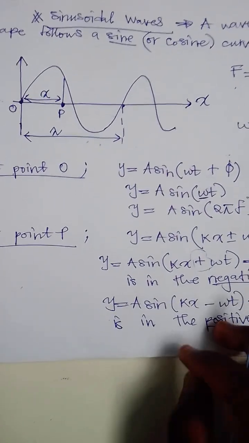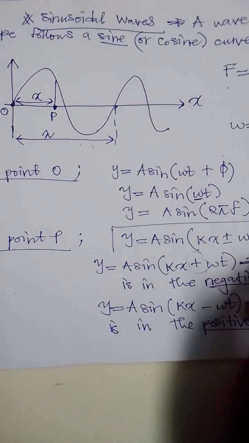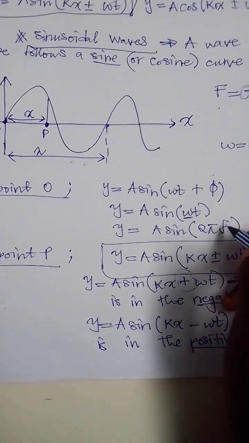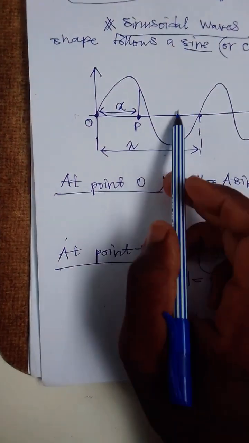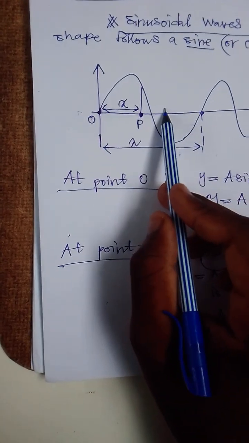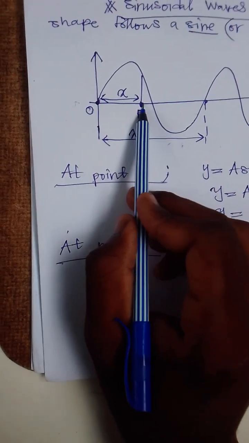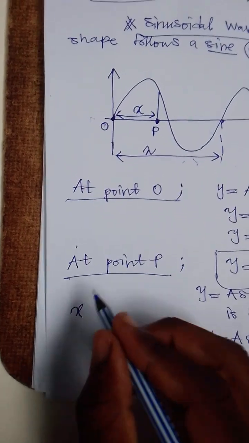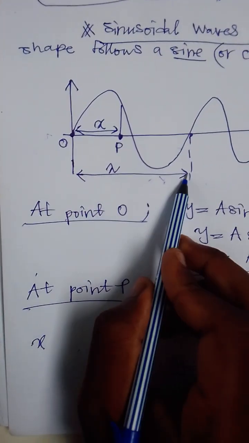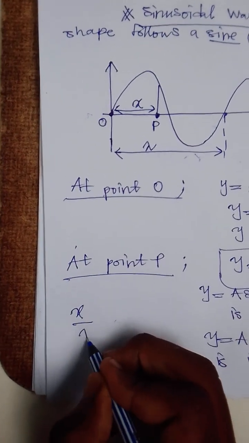So now let me show you how to derive this formula from this formula. When you look here, there is a distance from here to here, so I'll take that as x, and the distance from here to here is lambda.